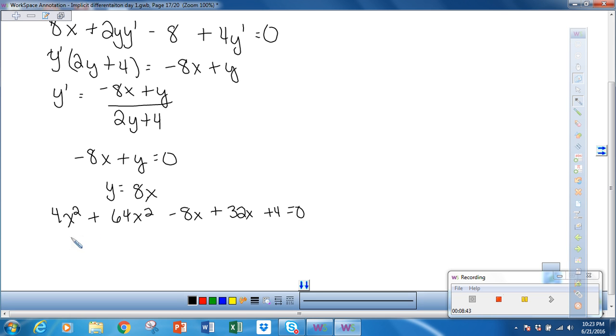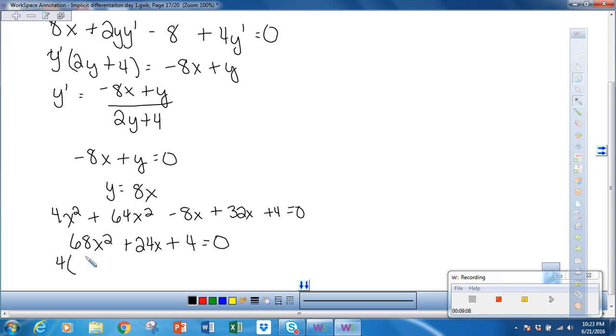So I get 68x squared plus 24x plus 4 equal to 0. Let's go ahead and factor out the 4.